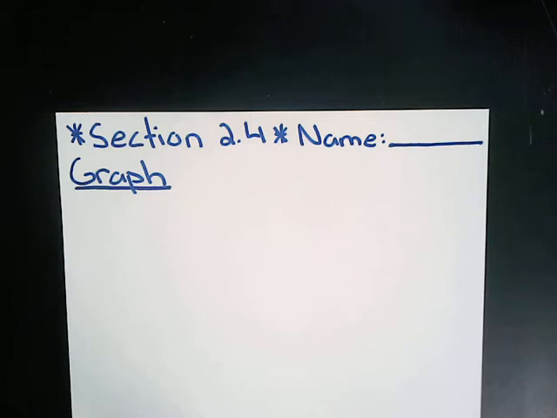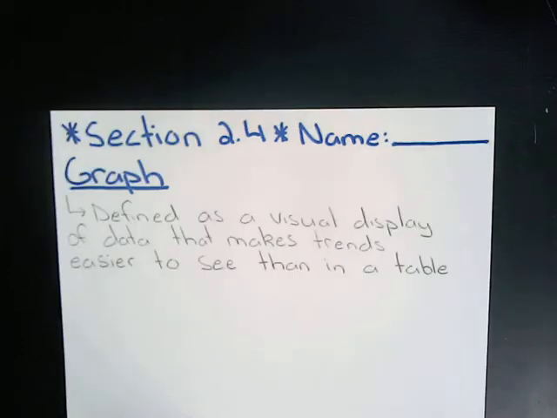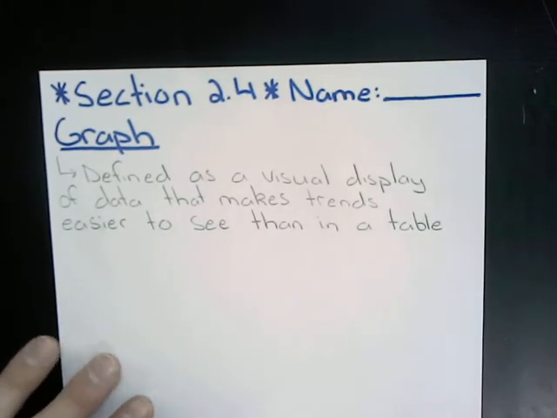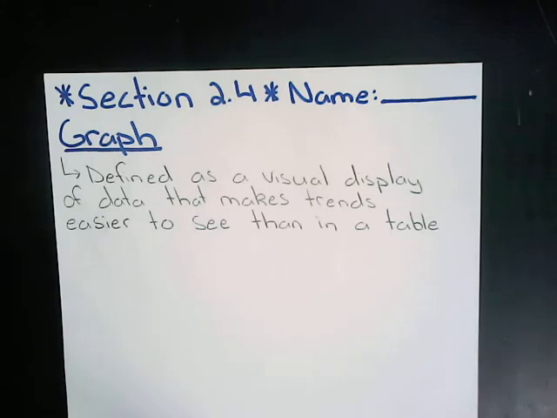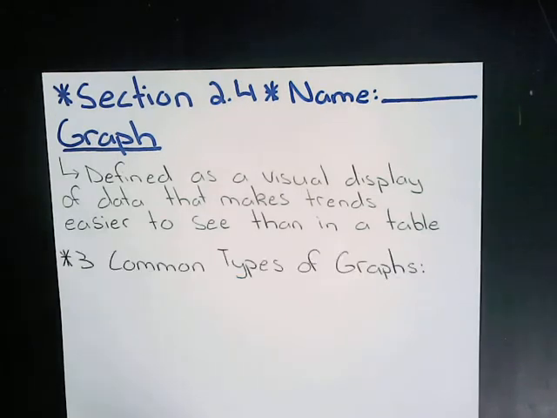So we start out here with the definition of a graph, and a graph is defined as a visual display of data that makes trends easier to see than in a table. Now in science we have 3 common types of graphs. One of which is a circle graph, or commonly known as a pie chart.